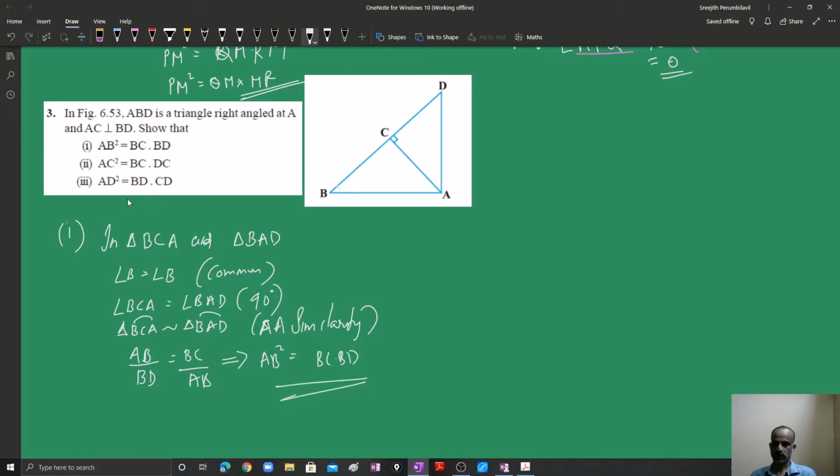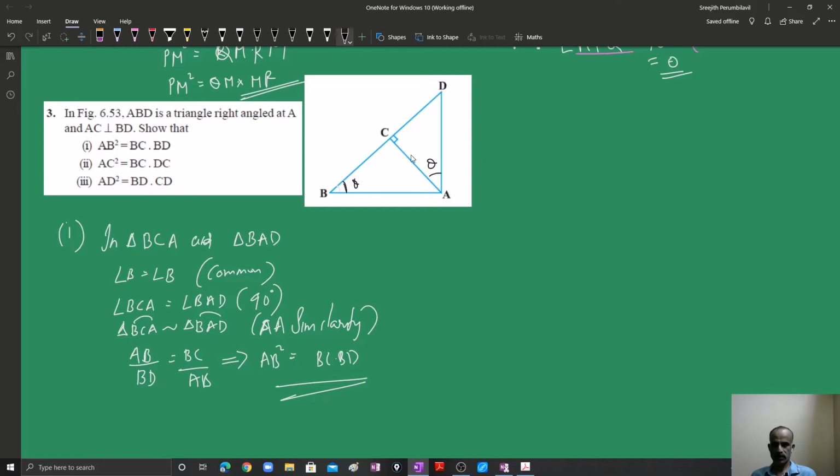The first one is proved. Now AC square is asked, similar to the previous question. AC is the side common to these two triangles. Establish the relationship between them. Suppose I take this angle as theta, this also will be equal to theta.